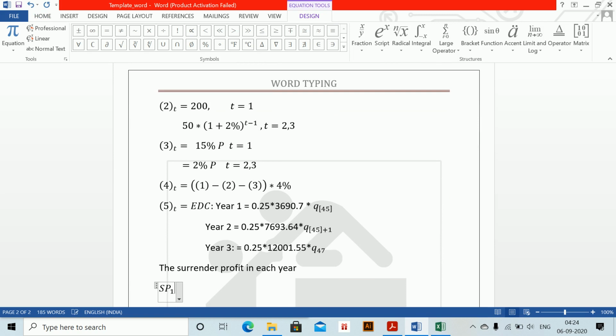SP_1 is equal to 1000 into Q45 P45 into 0.12.